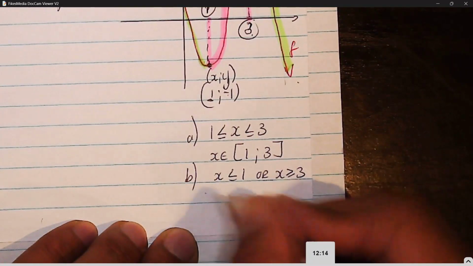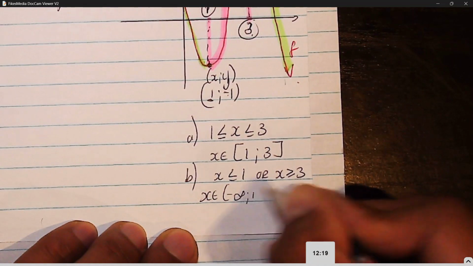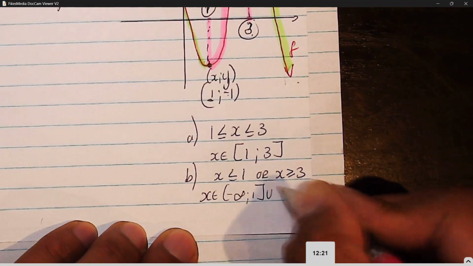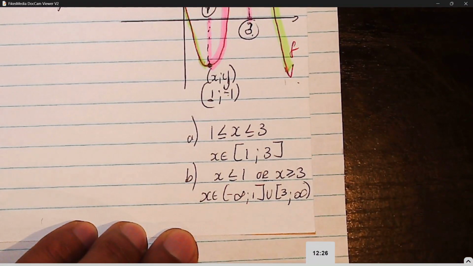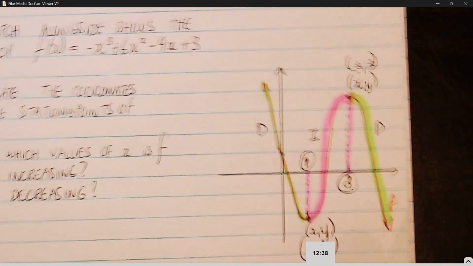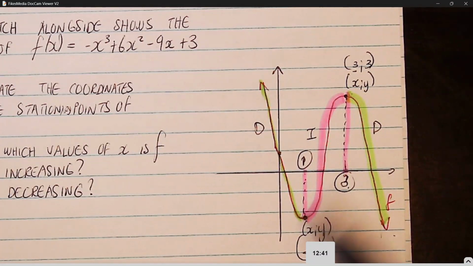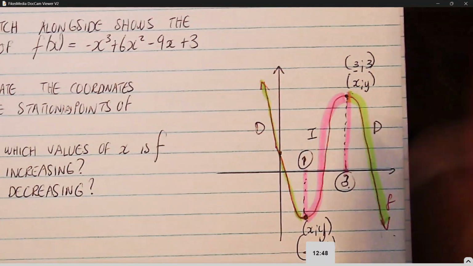Or we can just say x is an element from negative infinity to 1, or from 3 to infinity, right? So it's either you do it in set or interval notation. Remember, when you're talking about interval notation, you just have to work with your turning points. That's where you have to establish the pattern on whether it increases or decreases.